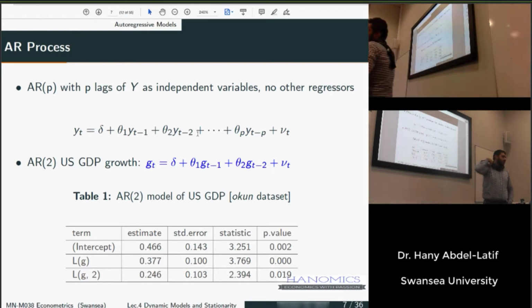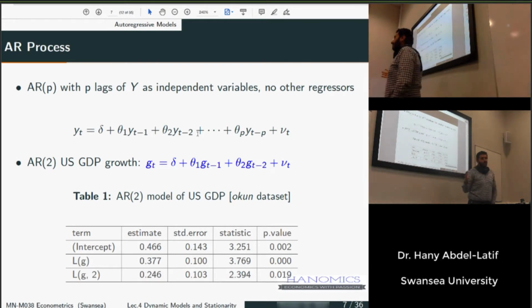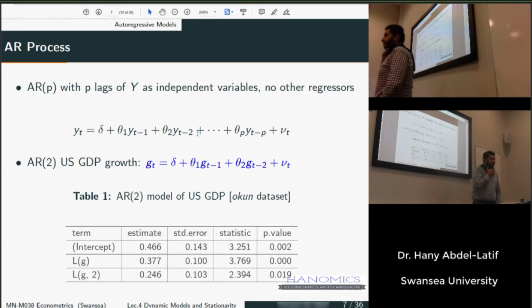So if you talk about growth rate, let's say this quarter depends on the growth rate in the previous quarter and in the previous quarter, and then you can go back in time p times or p lags, okay? And of course plus some error term, okay?